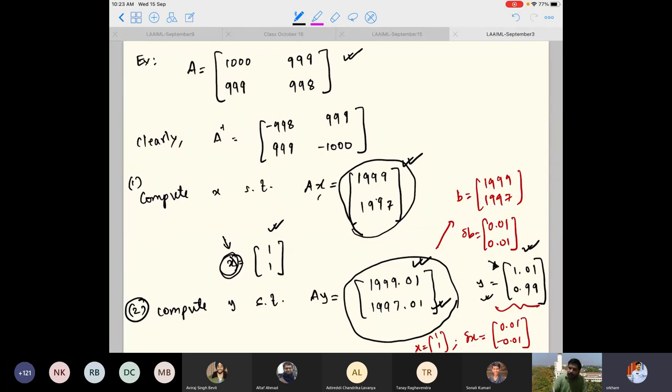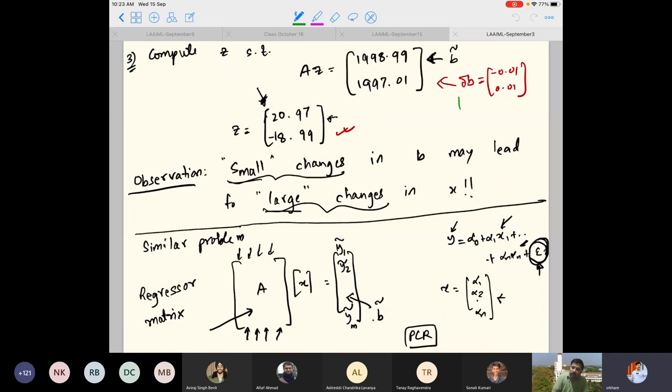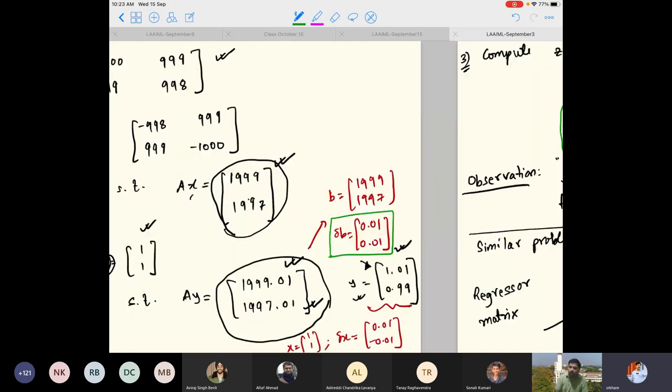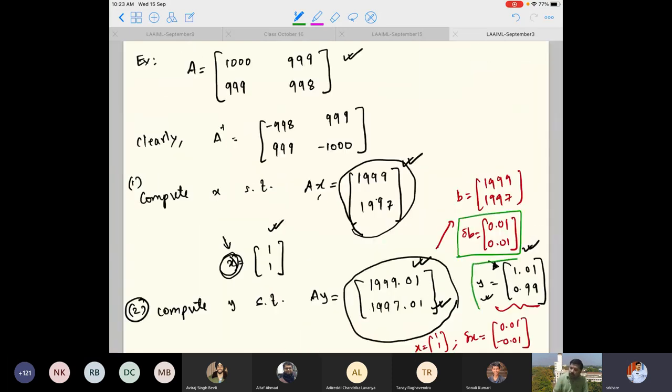So if you look at delta b here, the norm of delta b is exactly the same in both the cases. Do you see? But one direction of delta b is causing havoc. You are getting this value as your solution, but the other value of delta b is not causing too much of a problem.